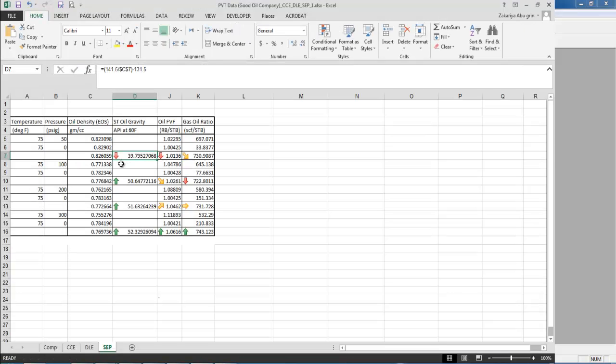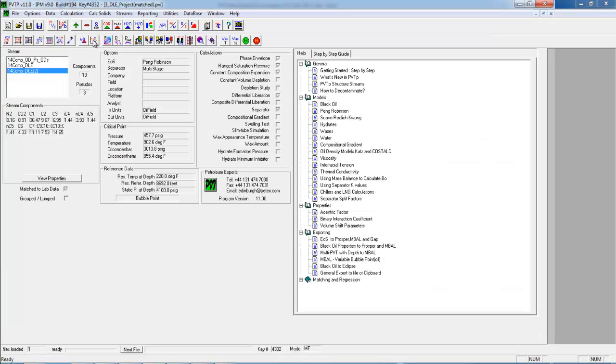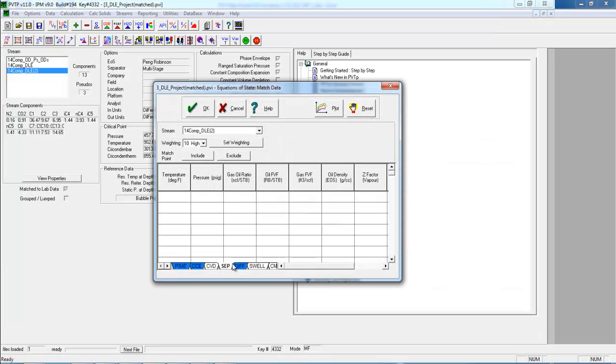So I hope that you have finished this step, and now we will try to enter lab data for the separator test. And you know already that when we enter lab data, we go to this, and this time we go to SEP, which is separator.